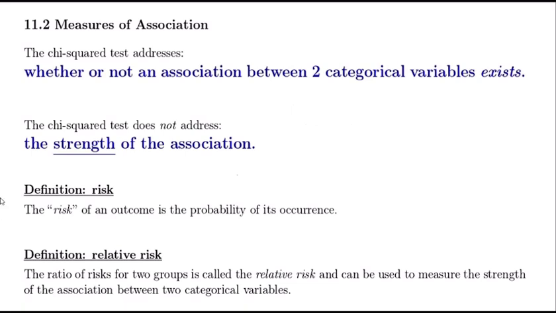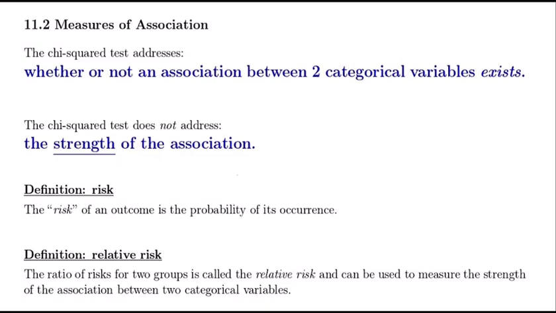Chi-squared does not address the strength of the association. So if you want to understand the strength, the magnitude of the association, then what we need to do is to have a measure of association.